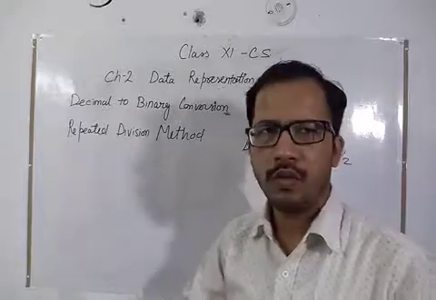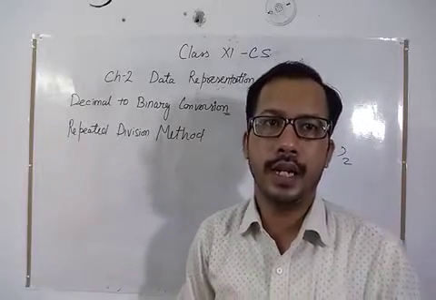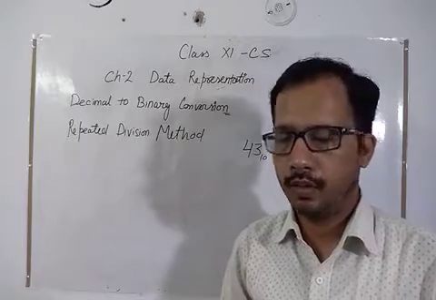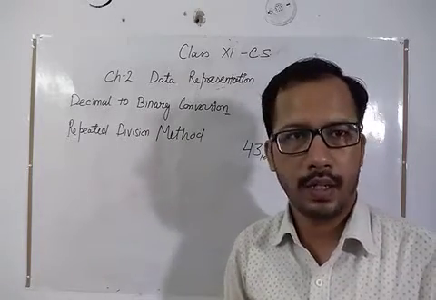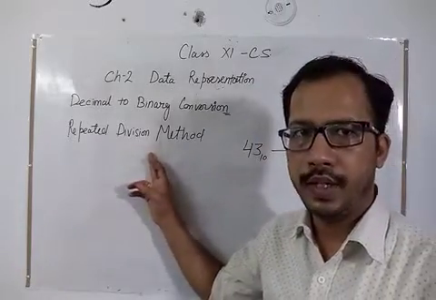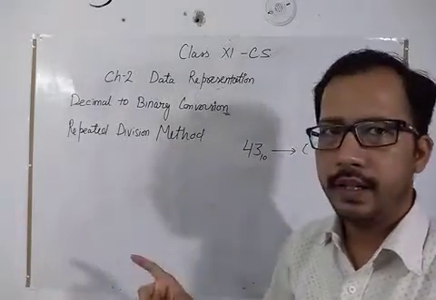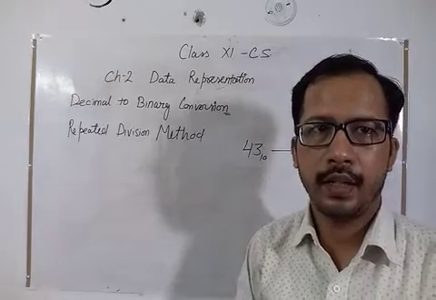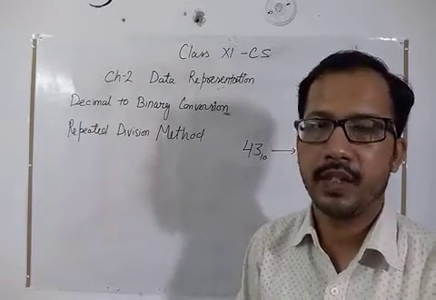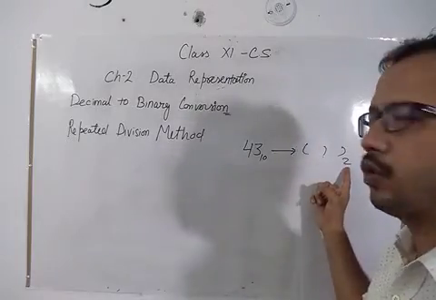This method works to convert any number from decimal to any base, meaning from decimal to binary, decimal to octal, decimal to hexadecimal. So the rule is the same. The rule is: divide the given decimal number by the base of the desired number system. In our case it is binary, so the base is 2.